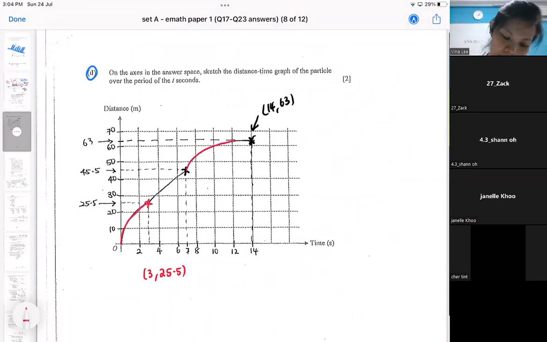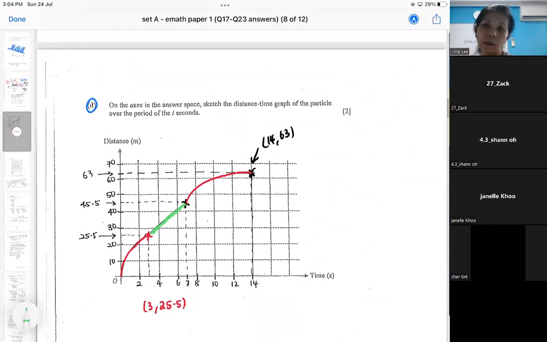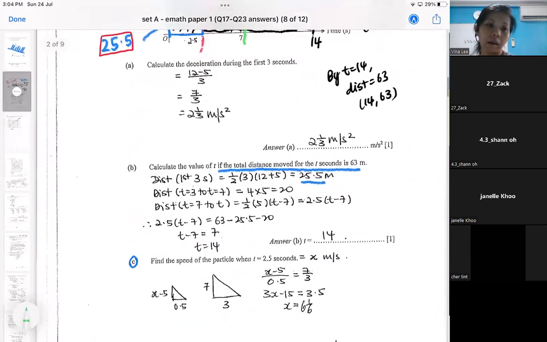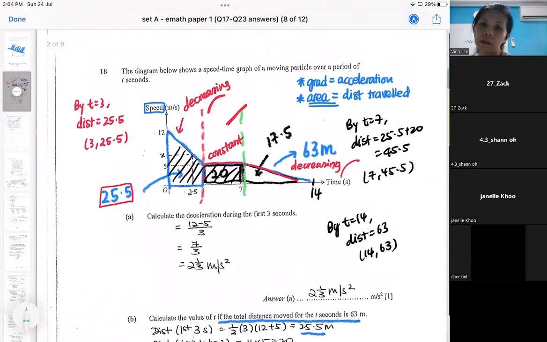This is another decreasing curvature. And this is the constant curvature. So if you observe what I have done, I get the coordinates by thinking about the distance, and then I join them up with the idea of decreasing, constant, or increasing.